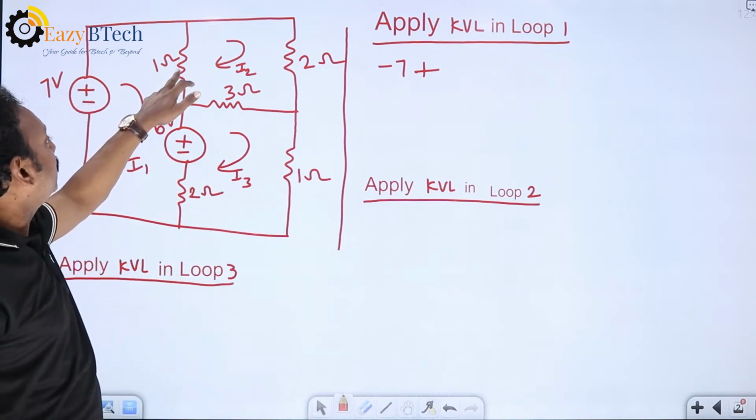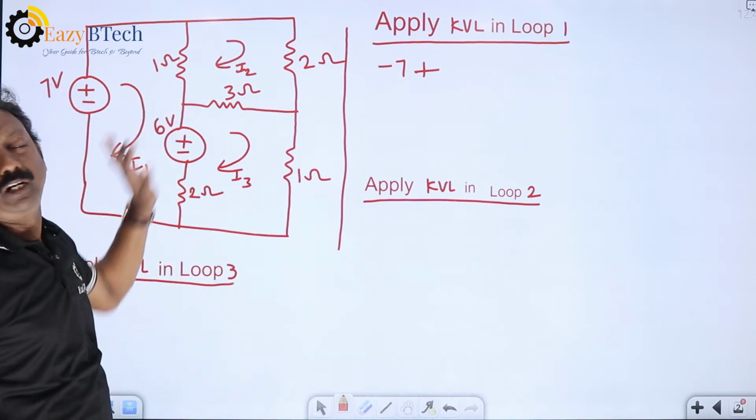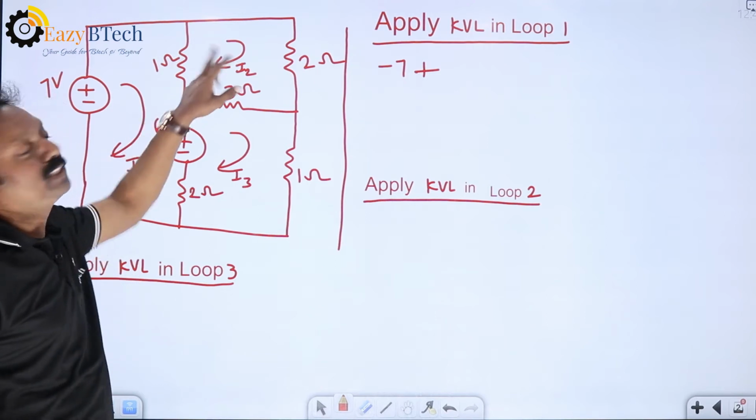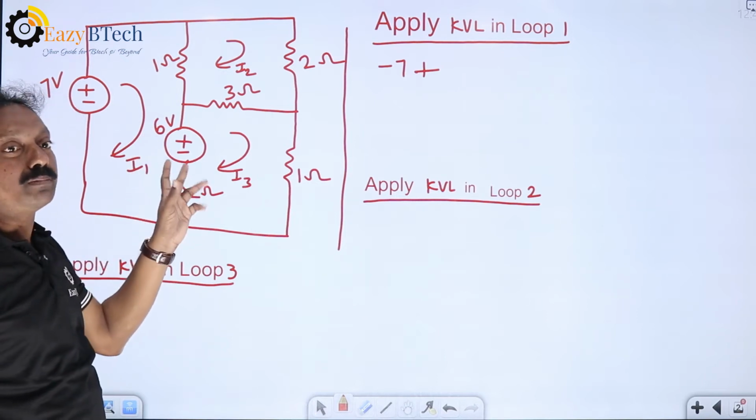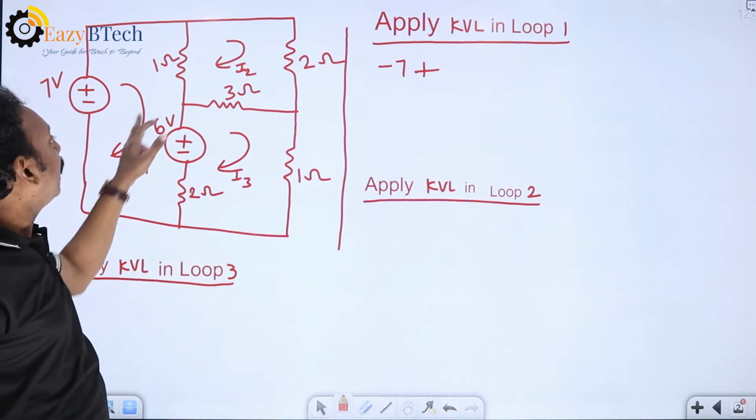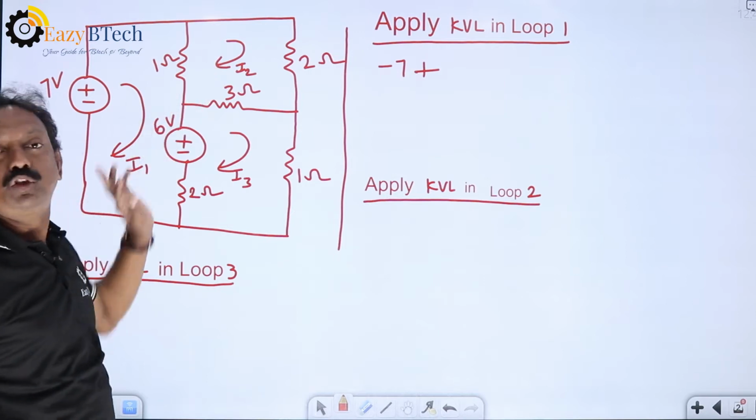This 1 ohm is present between the first loop and second loop. So what is the current through the resistor? Voltage we are writing in terms of I into R. But what is the current through 1 ohm? Difference between these two currents.